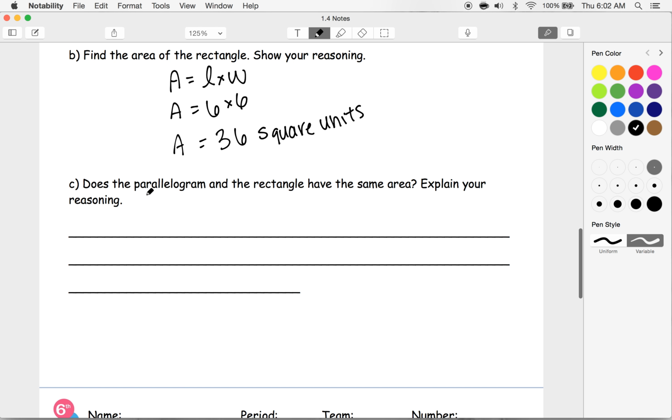So I come down here. Does the parallelogram and the rectangle have the same area? Explain your reasoning. Yes, they do, because the amount I had didn't change.